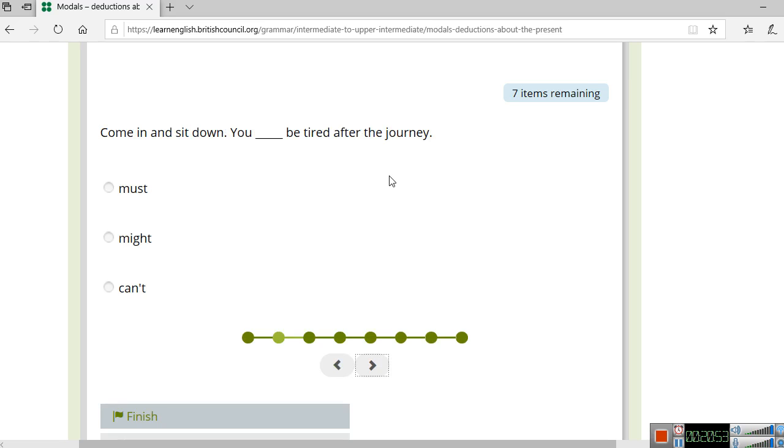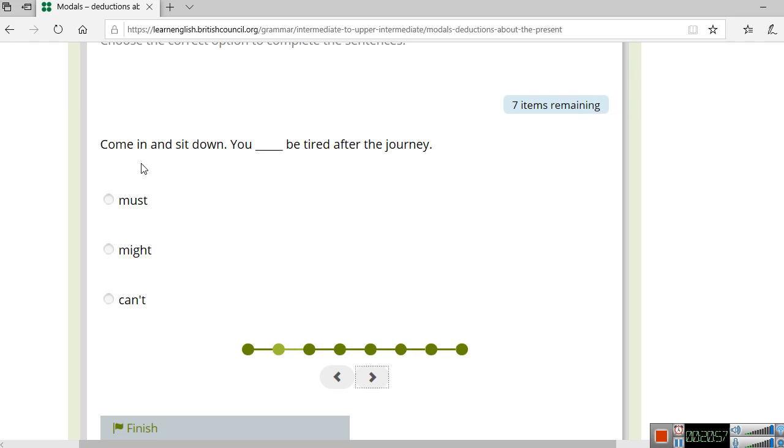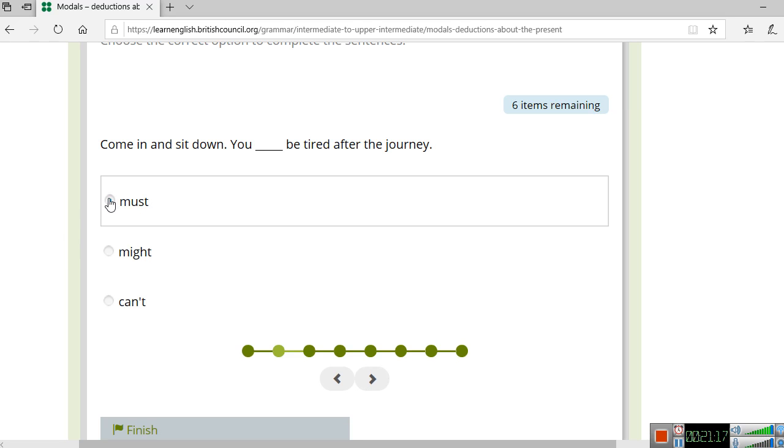Now, for this one, come in and sit down. You blank be tired after the journey. Zoriana, please help me with this one and analyze this sentence. For this sentence, I think it's must. Must. And why do you think it's must?